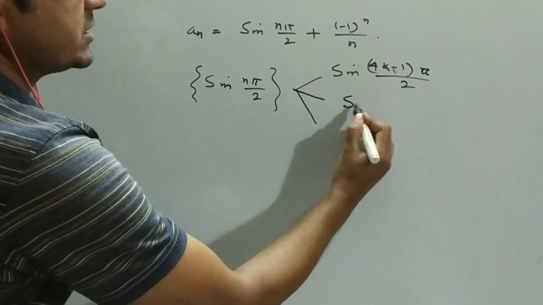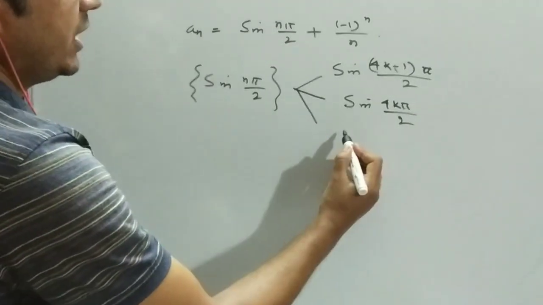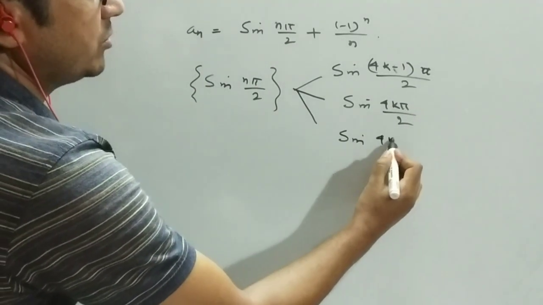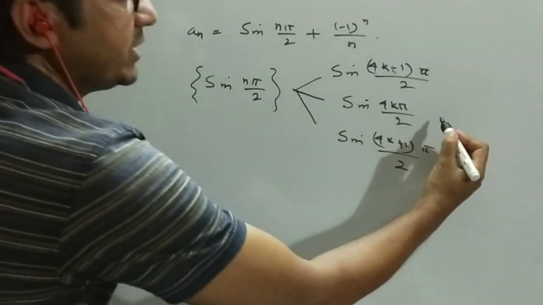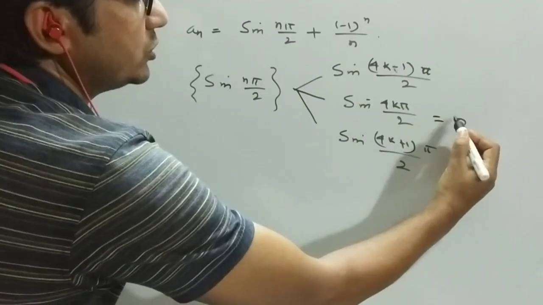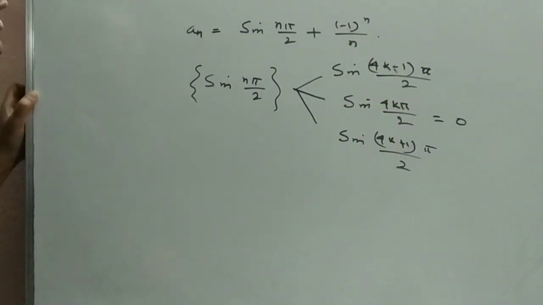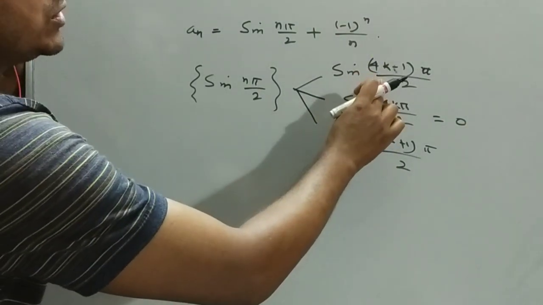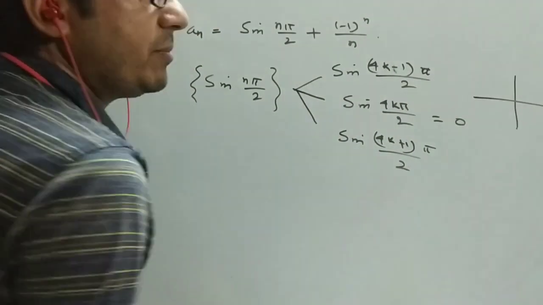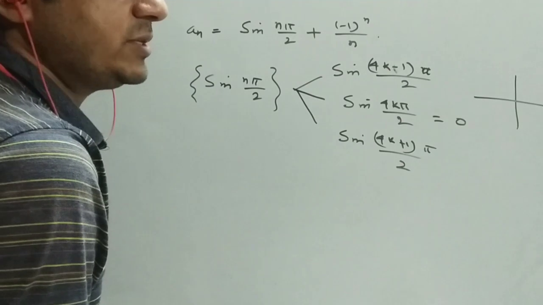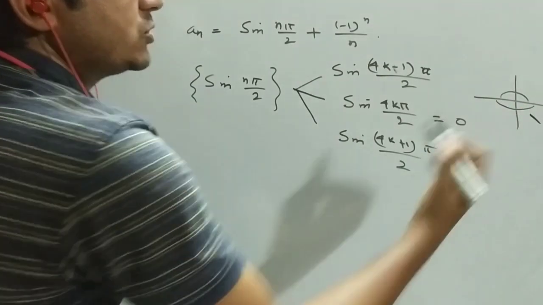Secondly, sin 4k pi by 2, and last sin (4k plus 1) into pi by 2. Obviously this is equal to 0, that is sin 2k pi equal to 0, and this is 2k pi minus pi by 2, in this quadrant.